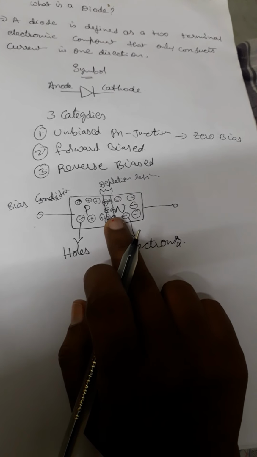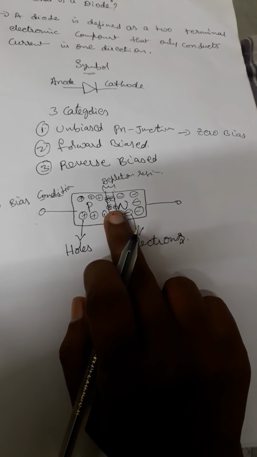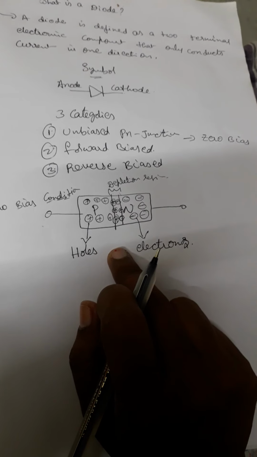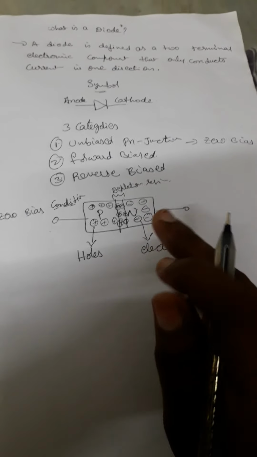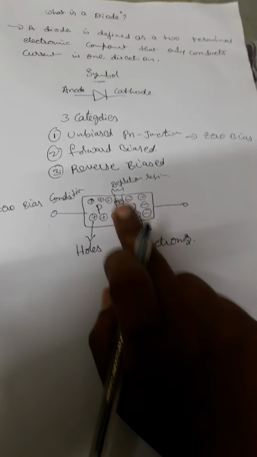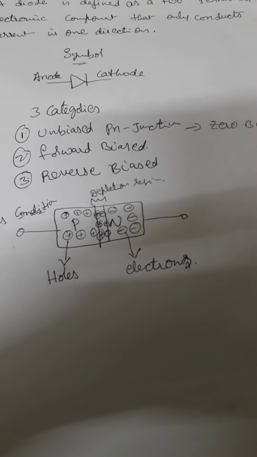Due to this, an electric field is generated by these charge carriers. The electric field opposes further diffusion of charge carriers, so that there is no movement in the middle region. This region is known as the depletion width or space charge.